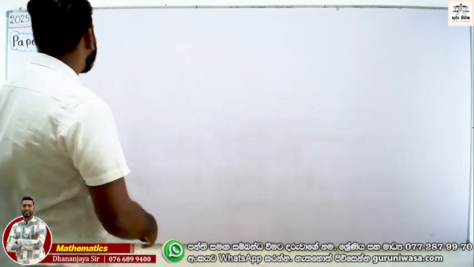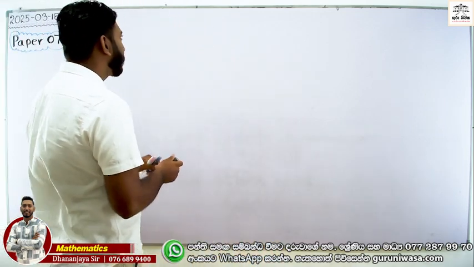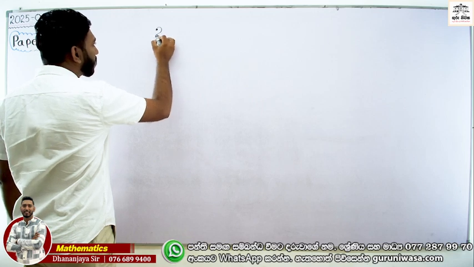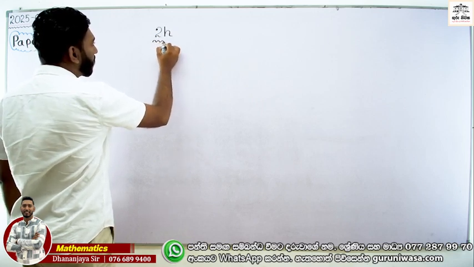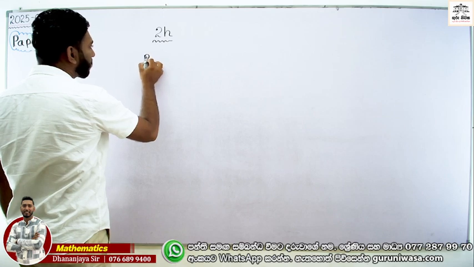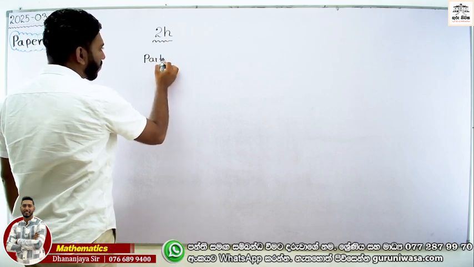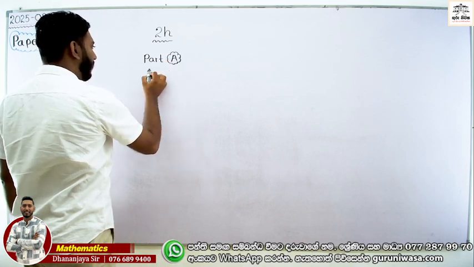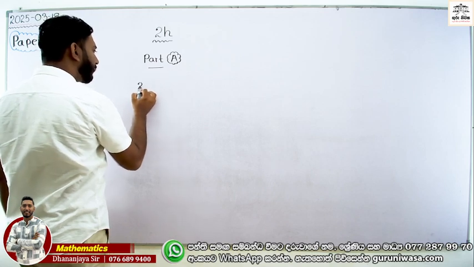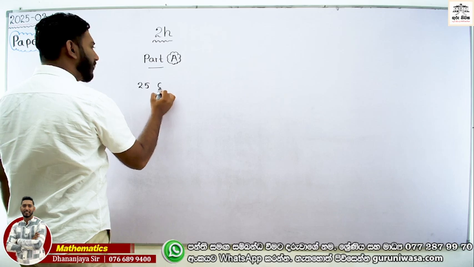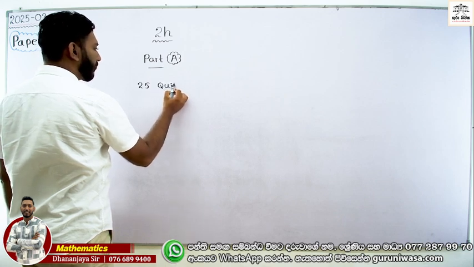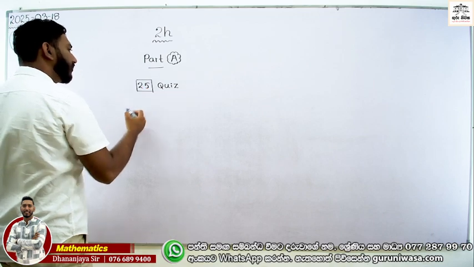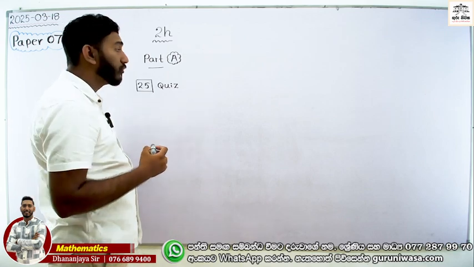How is the paper structured? There are two parts in the 2-hour paper. In the 2-hour paper, we have part 1, which we call part A. There are 25 questions, and each question carries 2 marks.